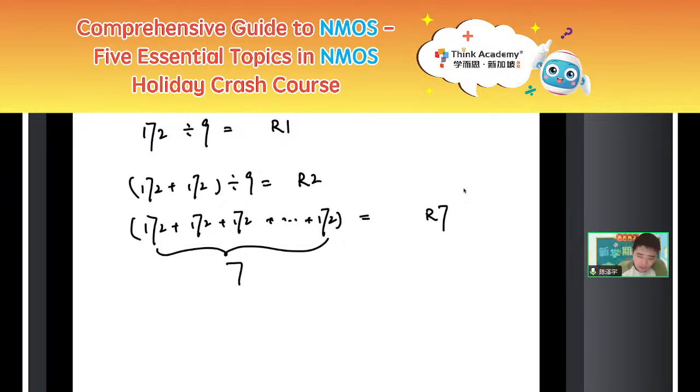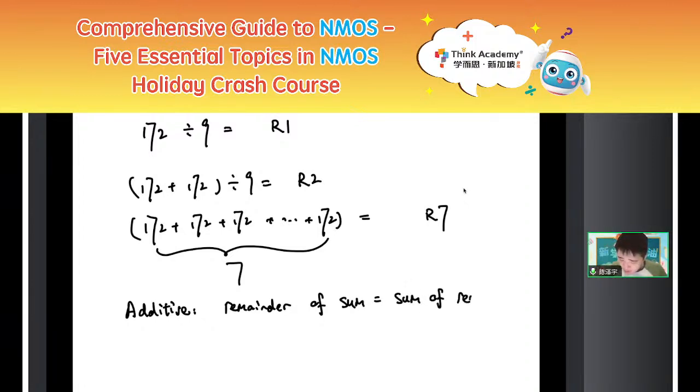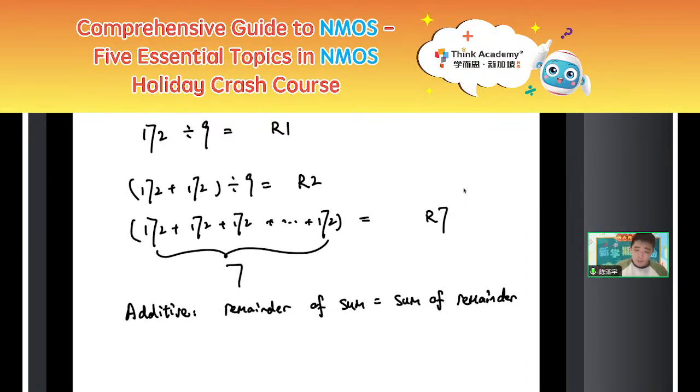The remainders have a very important property that is called the additive property. That is, the remainders can be added together, or if I write it down, the remainder of the sum is equal to the sum of the remainders. So for example, 172 plus 172 divided by 9, I can just write it as remainder 1 plus remainder 1, which will give us remainder 2.